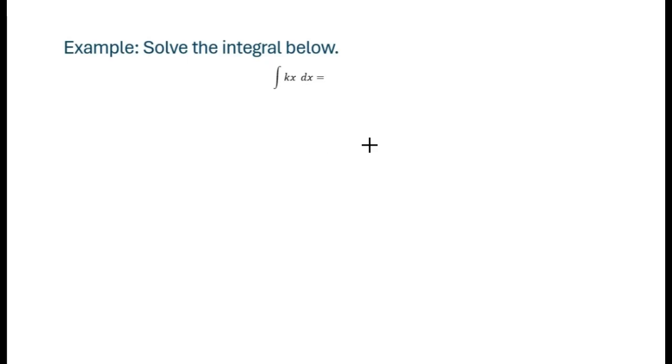Here we have an example. Solve the integral below. In this case, we have the integral of kx dx. It's simple. k is a constant. If you have a constant, for example 2, any number, we can just pull it out of the integral. So that is k times the integral of x dx.